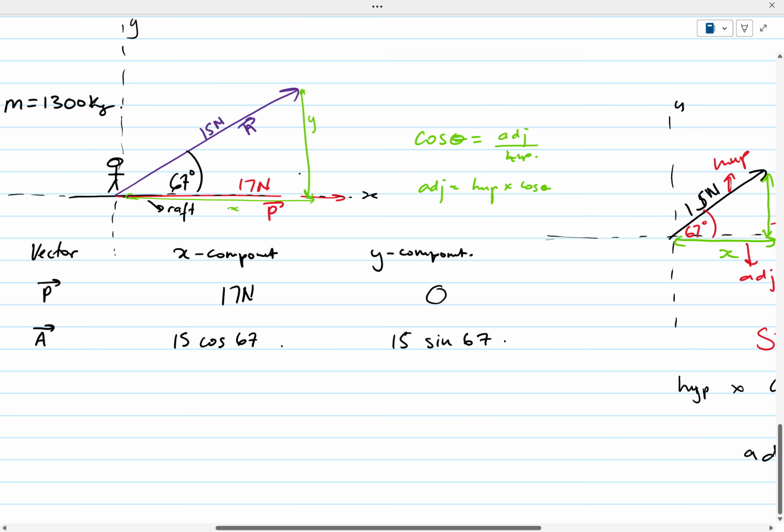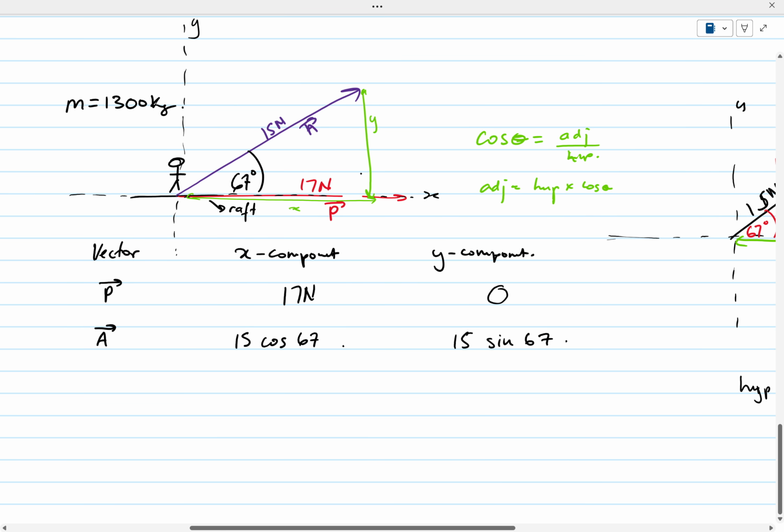What we're looking at now are the vectors completely in the x direction and the vectors completely in the y direction. We're dealing with forces, so remember, this is going to be newtons. So this is 0 newtons over here. We have the sum of the forces in the x direction and the sum of the forces in the y direction.